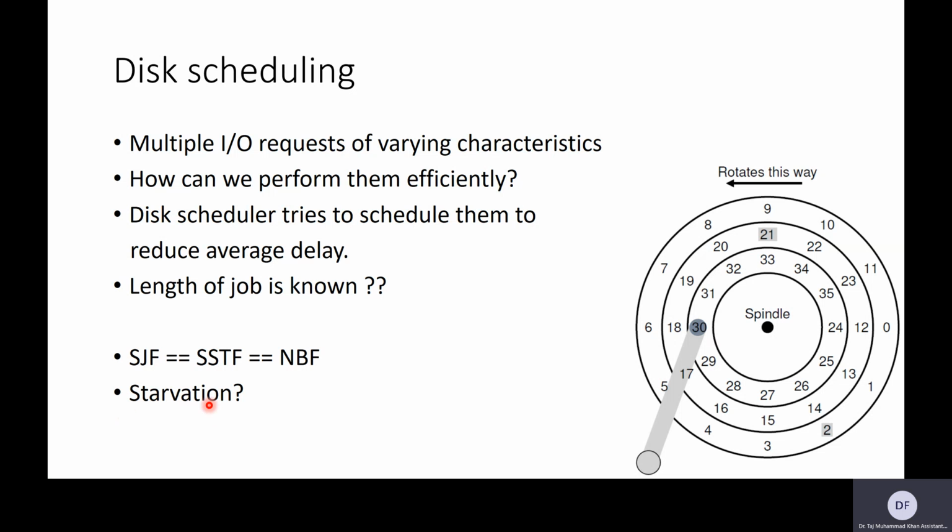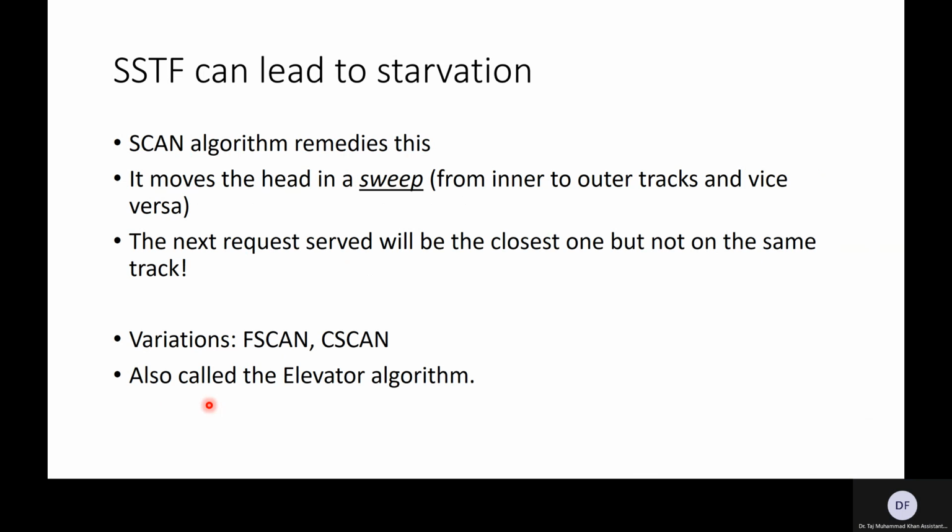So how can we come up with a method which reduces the delay but also does not suffer from this risk of starvation? This is another implementation of the same strategy but in a slightly different way. This algorithm is called SCAN. It tries to serve the nearest sectors first, but at the same time eliminates the risk of starvation.